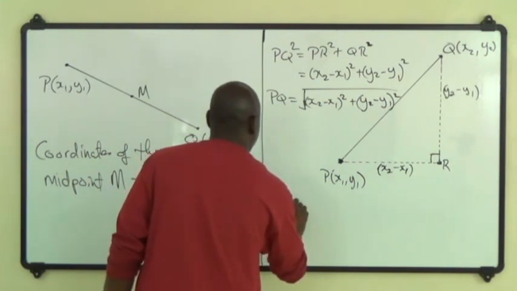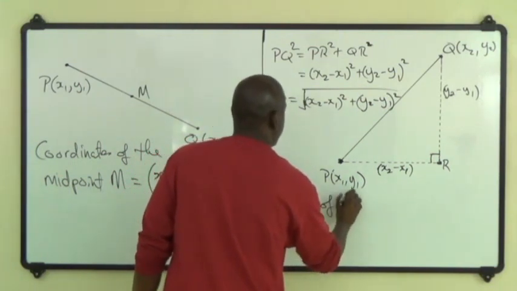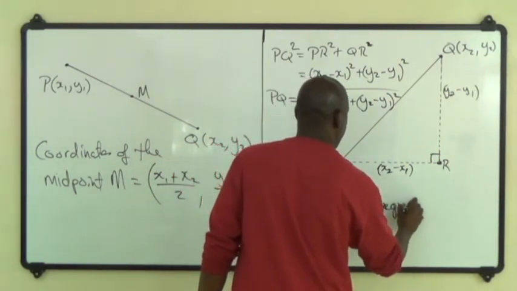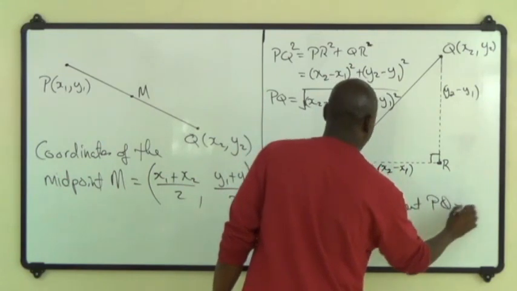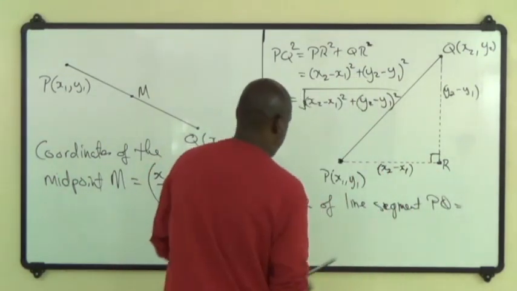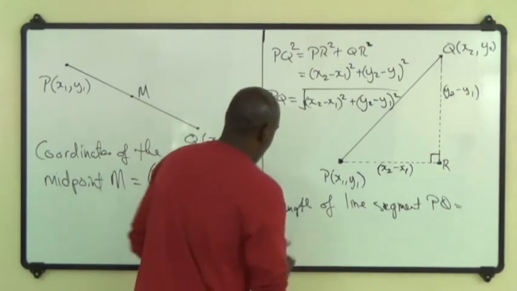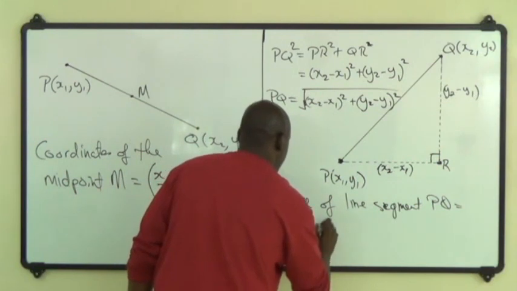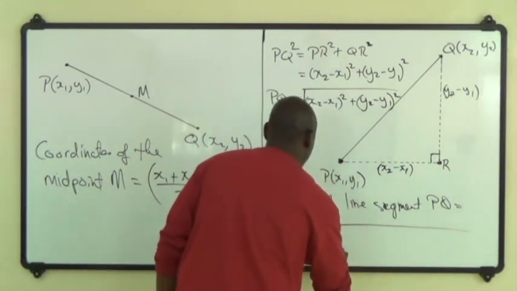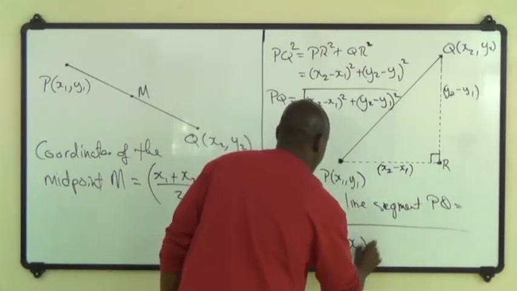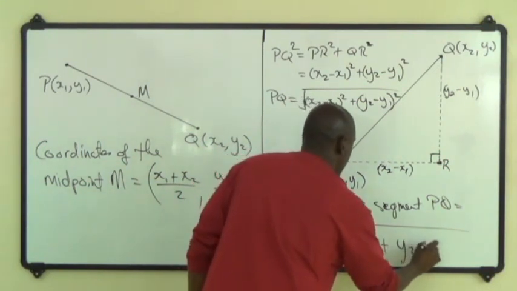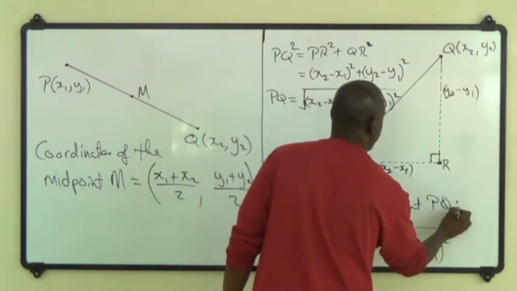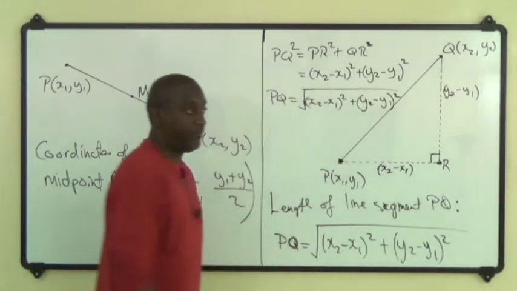The length of line segment PQ is equal to the square root of (x2 minus x1) squared plus (y2 minus y1) squared. And that is the general formula.